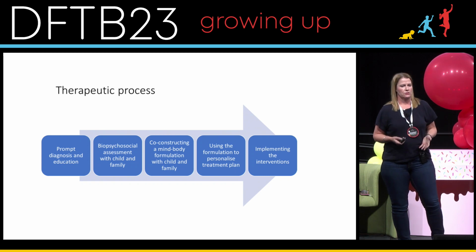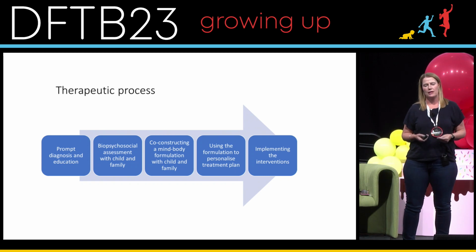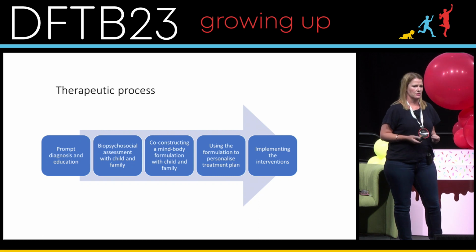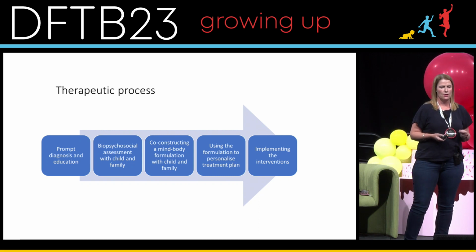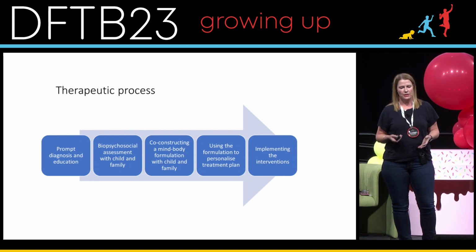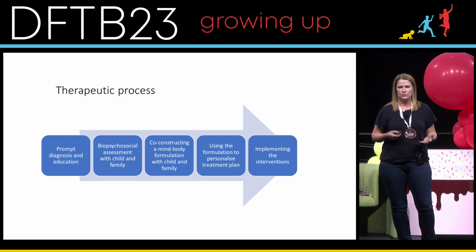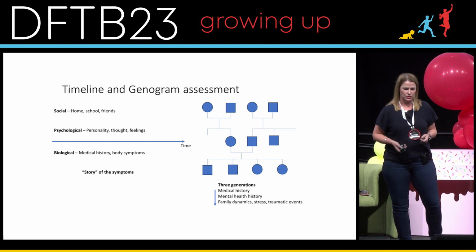We want to do a biopsychosocial assessment of the child and the family so that you can personalise this and talk about what the stresses are in their child's bucket. Then providing feedback to the family with a mind-body approach, and then developing a personalised treatment plan and implementing those interventions.